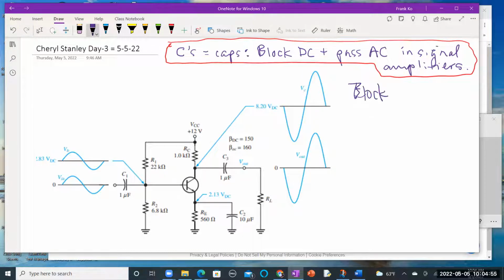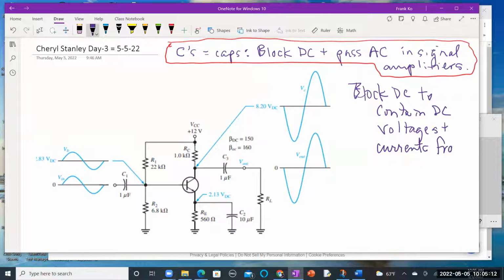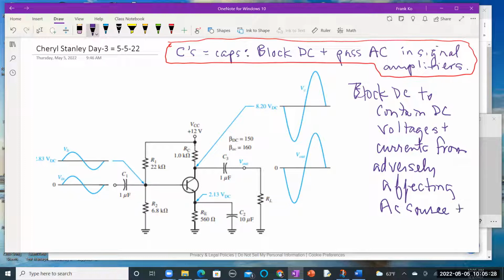Block DC to contain DC voltages and currents from adversely affecting your AC source and signal output.